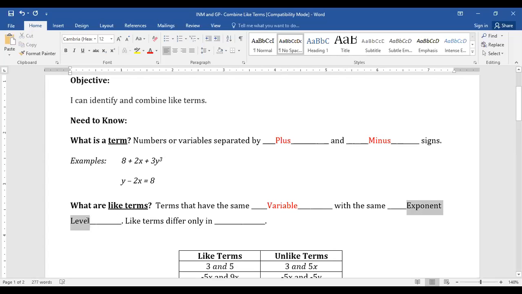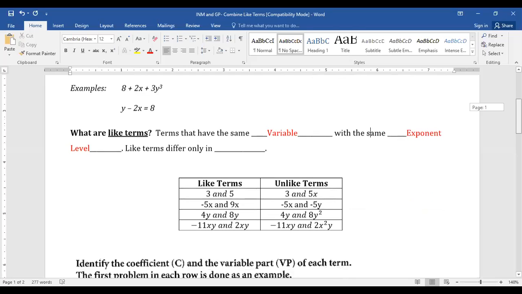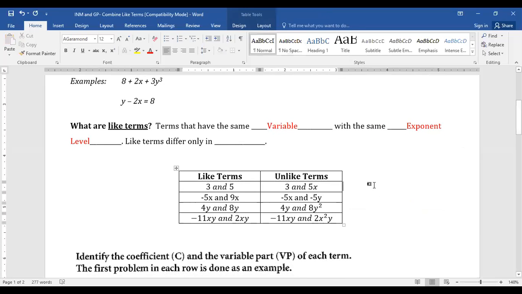Otherwise, they're not like terms. And this is where people really start to struggle sometimes in algebra, because now we're talking about variables that maybe don't make a lot of sense. But if you look at this table here, the terms that are alike are the ones that look alike.